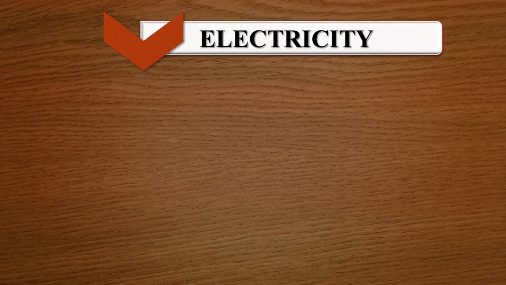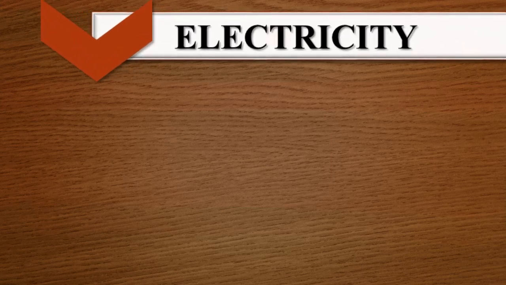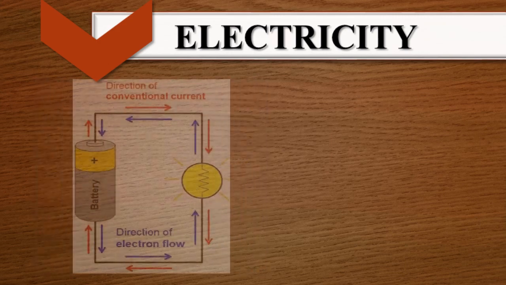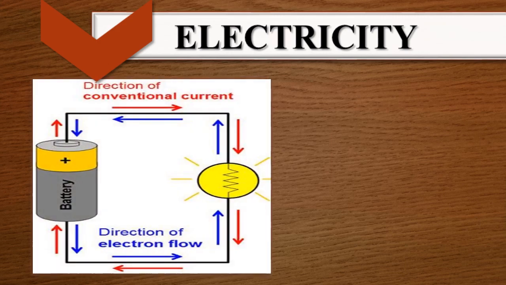Electricity. Students, I think all of you are eagerly waiting to know what electricity is. Before starting our discussion, we have to see a picture at first. This picture shows you a battery, a very familiar battery to all of you. This is a pencil battery. This pencil battery has two sides.